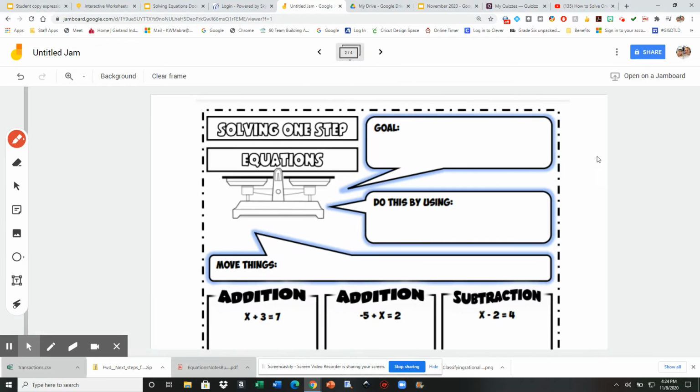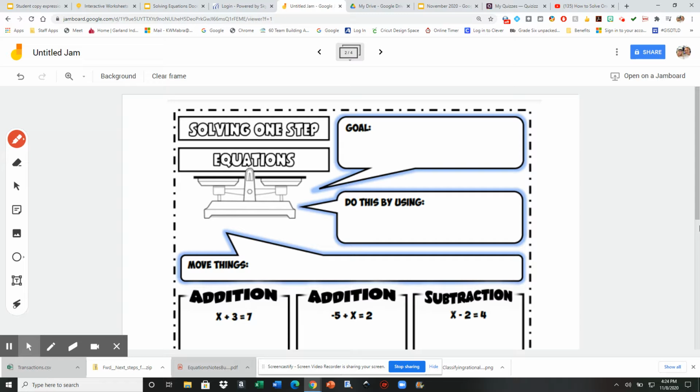All right, so we're going to go through a few little notes today, and I want you to think about this picture. This picture right here is a picture of a balance. To solve an equation, you have to have the same on both sides.